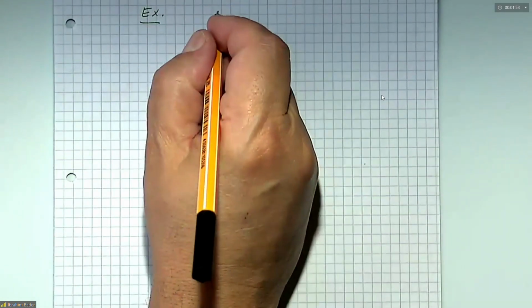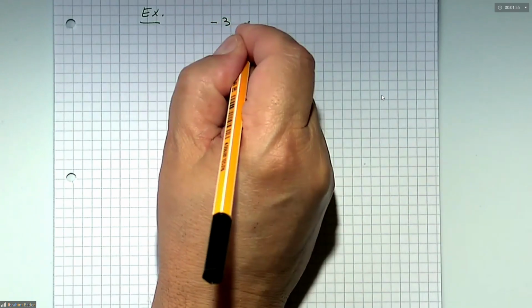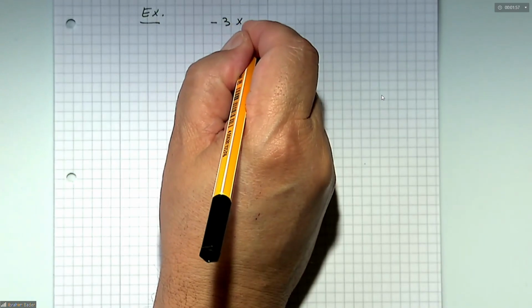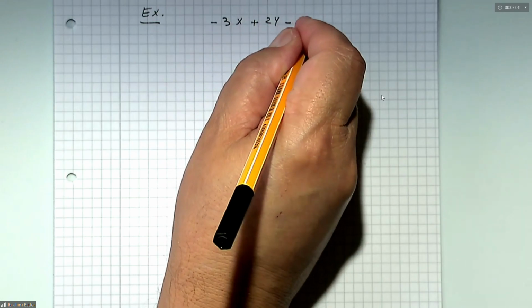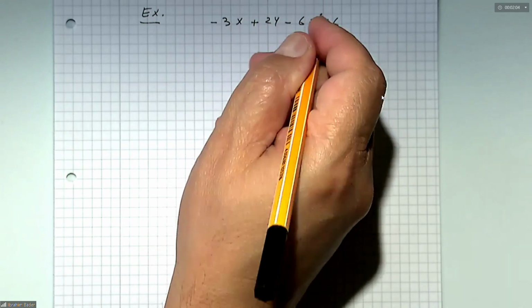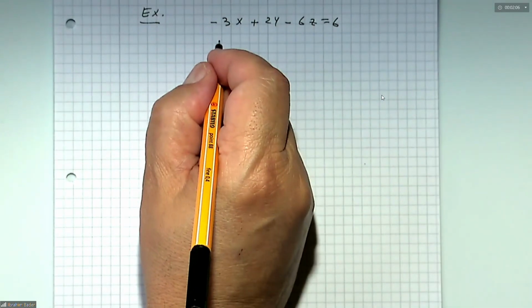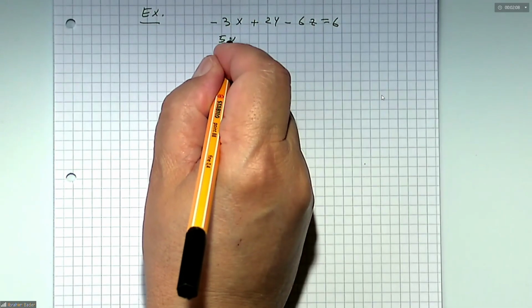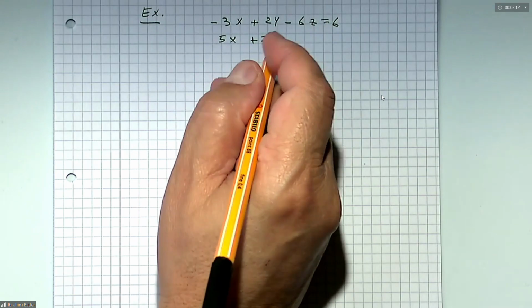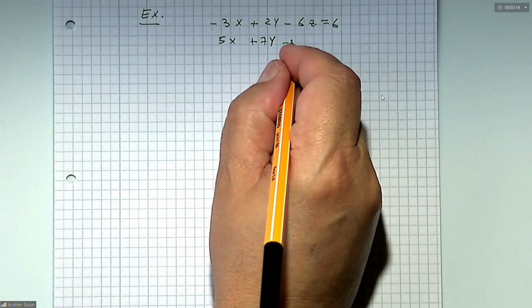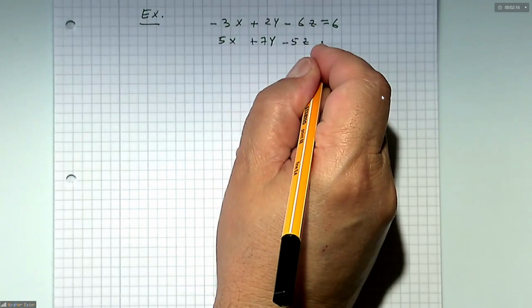So maybe this example is, let me just write the example, and then I will be giving you some hint. So negative 3x plus 2y minus 6z equals 6. So this is the first equation. Second equation is 5x plus 7y minus 5z is also equal to 6.